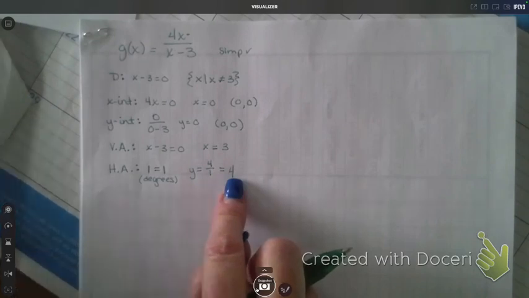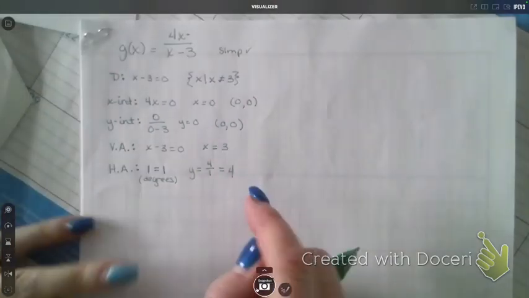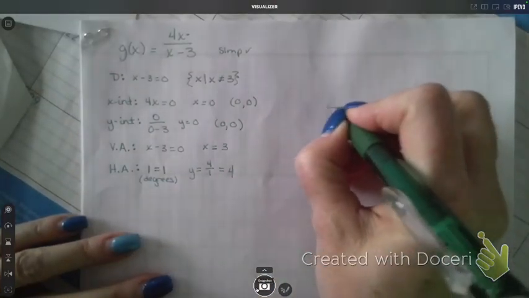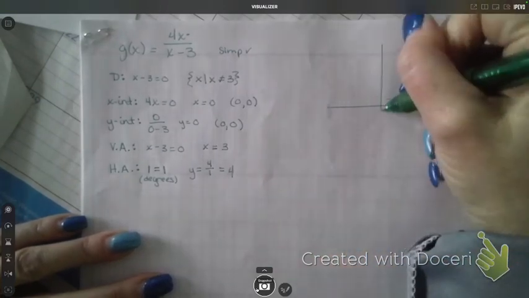Okay? So we've gotten through step 1 through 6, and it says plot step 1 through 6. This is what we did finish.